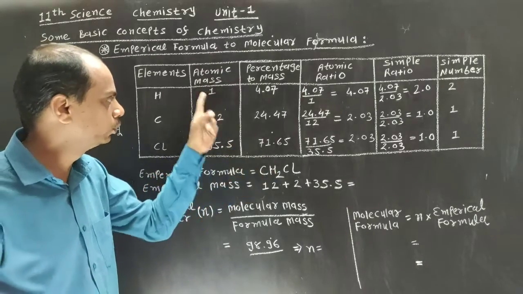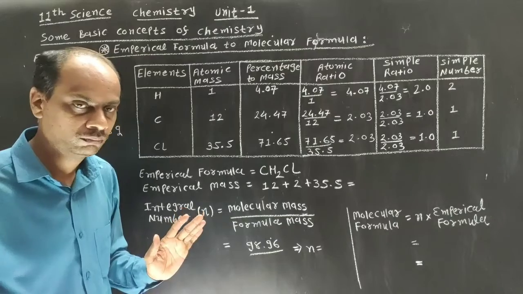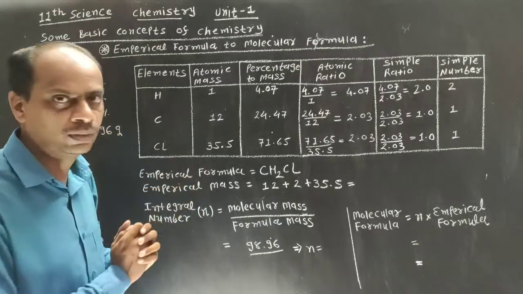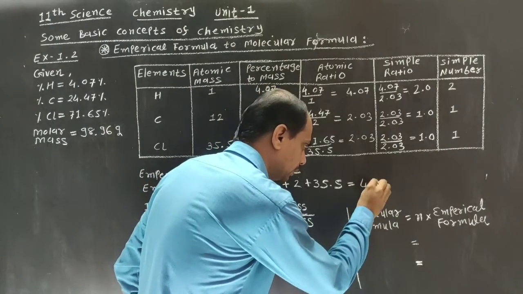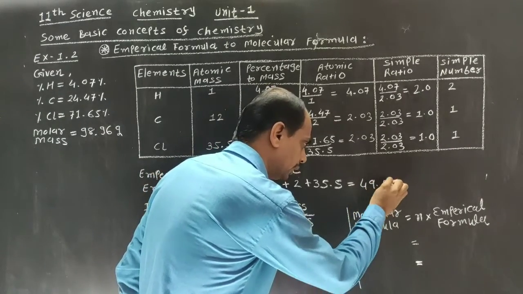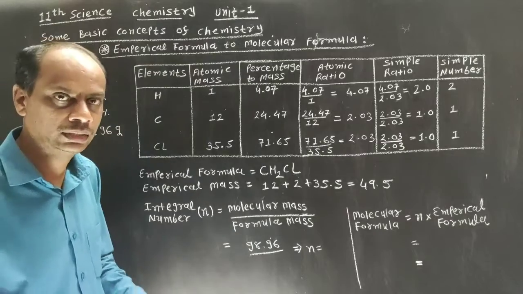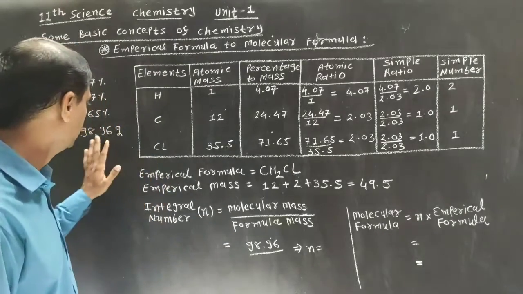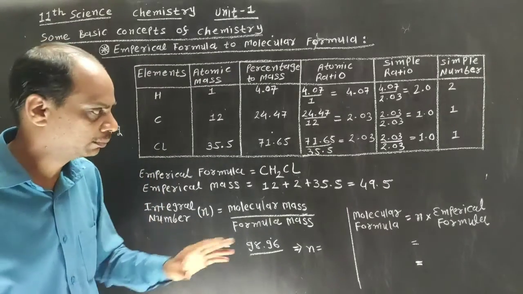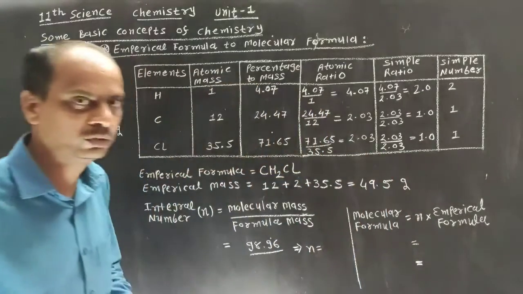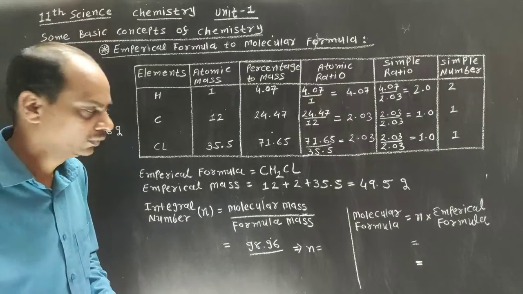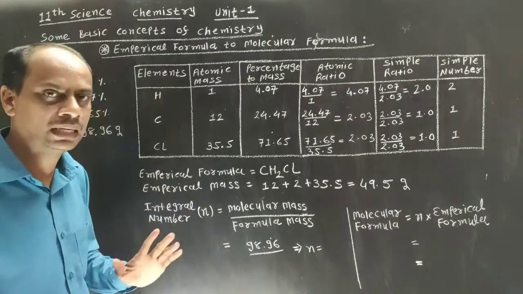We have 2 hydrogens, so 2 ones are 2. Now, make a total of all this. What's your answer? Your answer is 49.5. Here, the unit is gram. So 49.5 is the empirical mass.